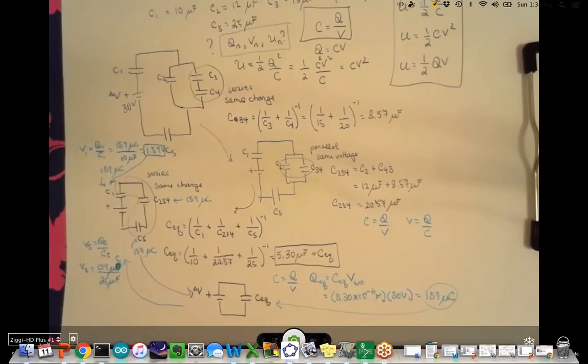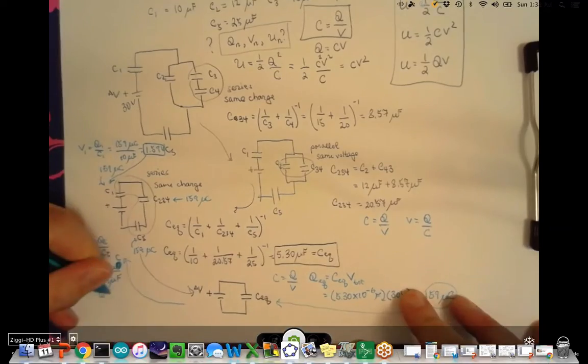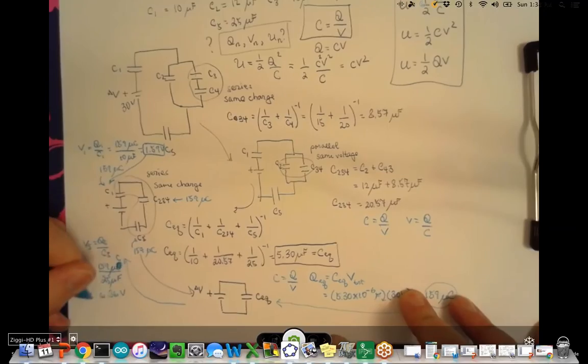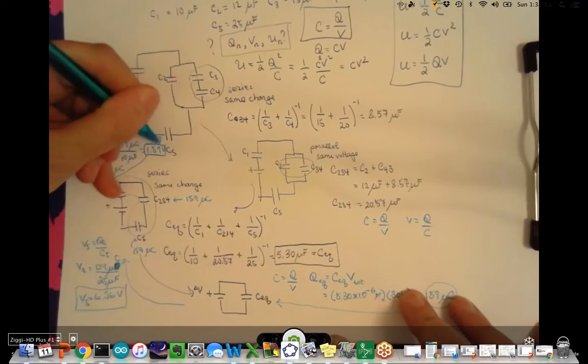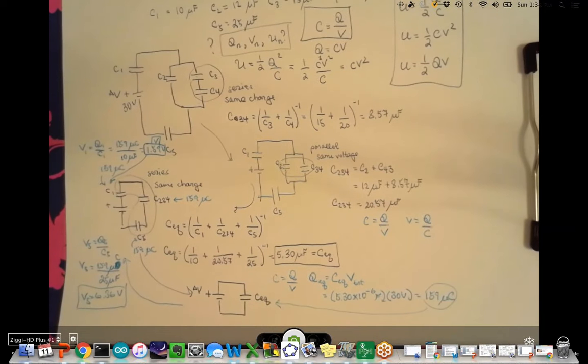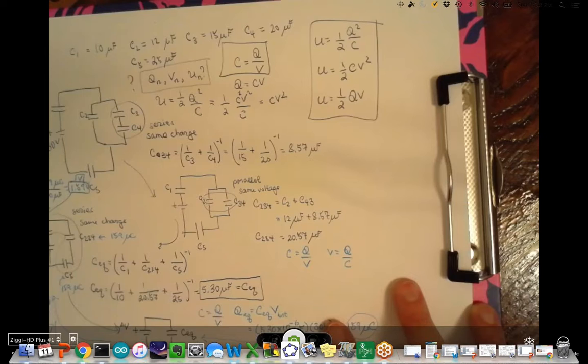That's my problem, just keeping the units straight here. So we've got 159 divided by 25, 6.36 volts. 6.36 volts is going to be V5. So we've got a V5, we've got our V1. And then we can find the energy on 1 and 5.